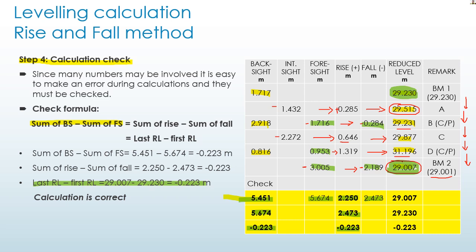So then you have the same value as the other calculations. So it means you've made no mistakes in the booking and calculation of the reduced levels of every point for this leveling.